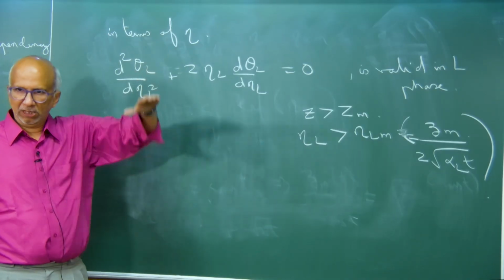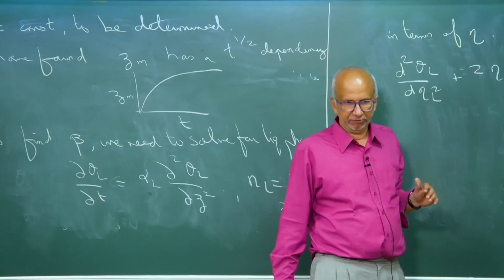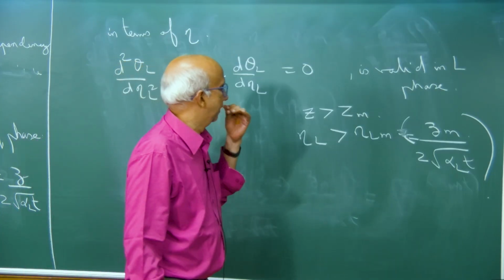Because liquid is only above the point, and Z equal to Zm is my interface. Is this clear?